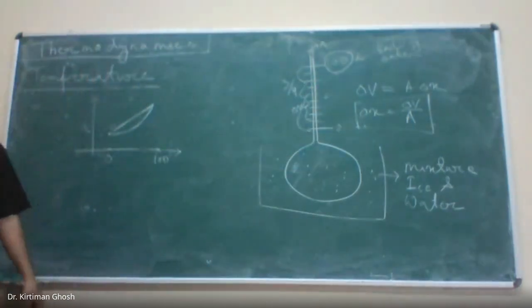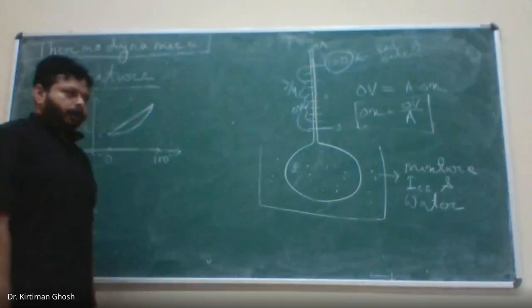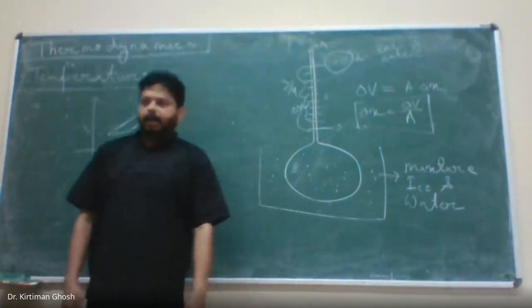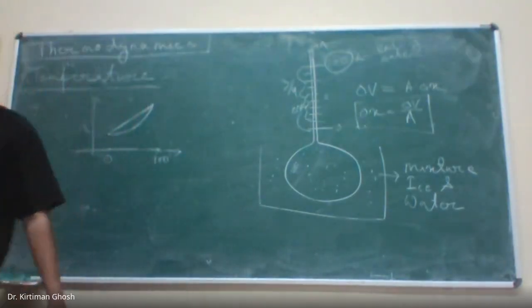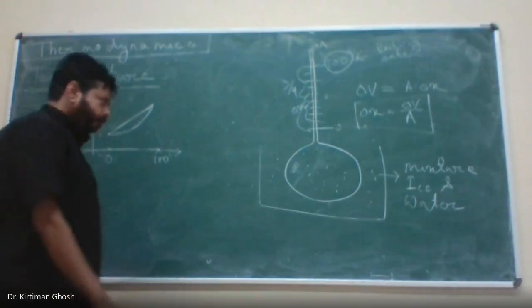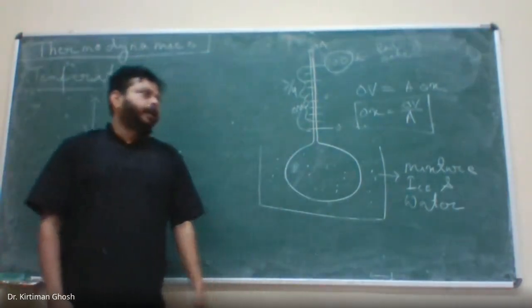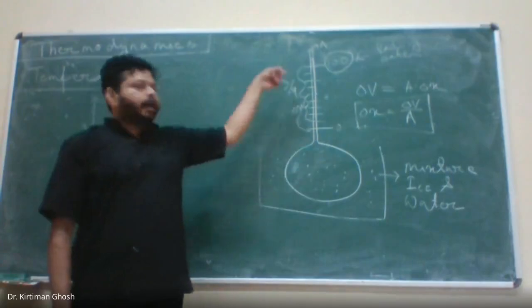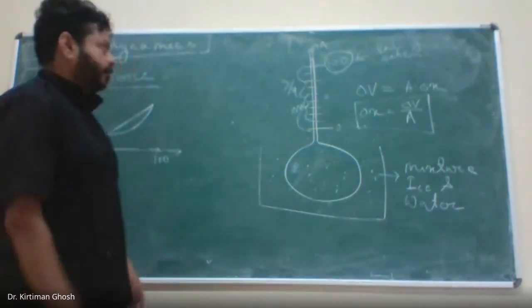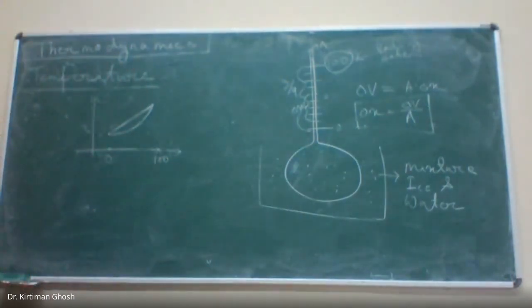So if we measure some physical quantity with those two thermometers, they will give different readings because they were initially calibrated differently in different environments. So these are the problems with the liquid thermometer.